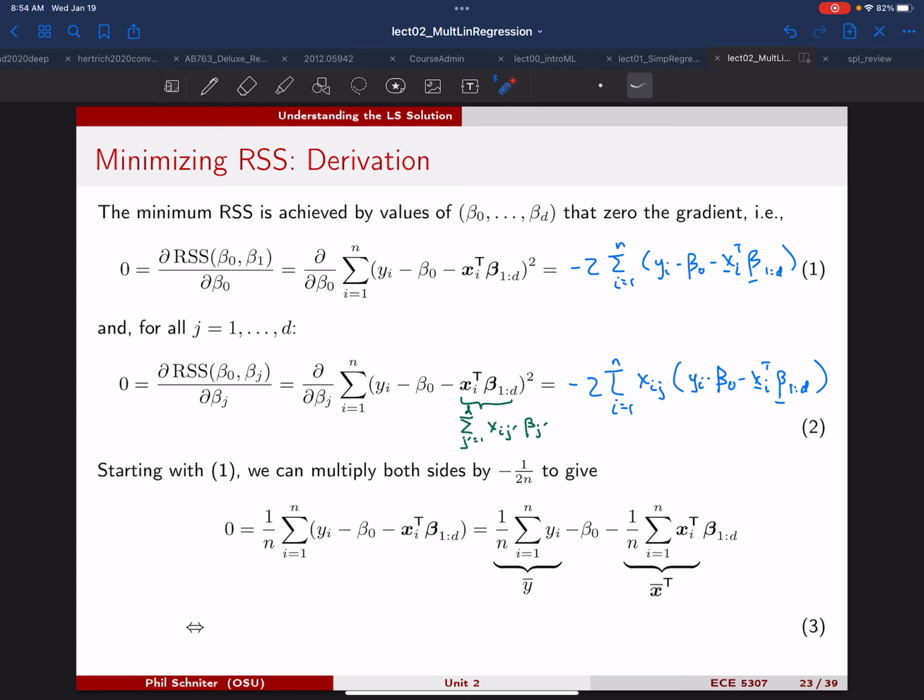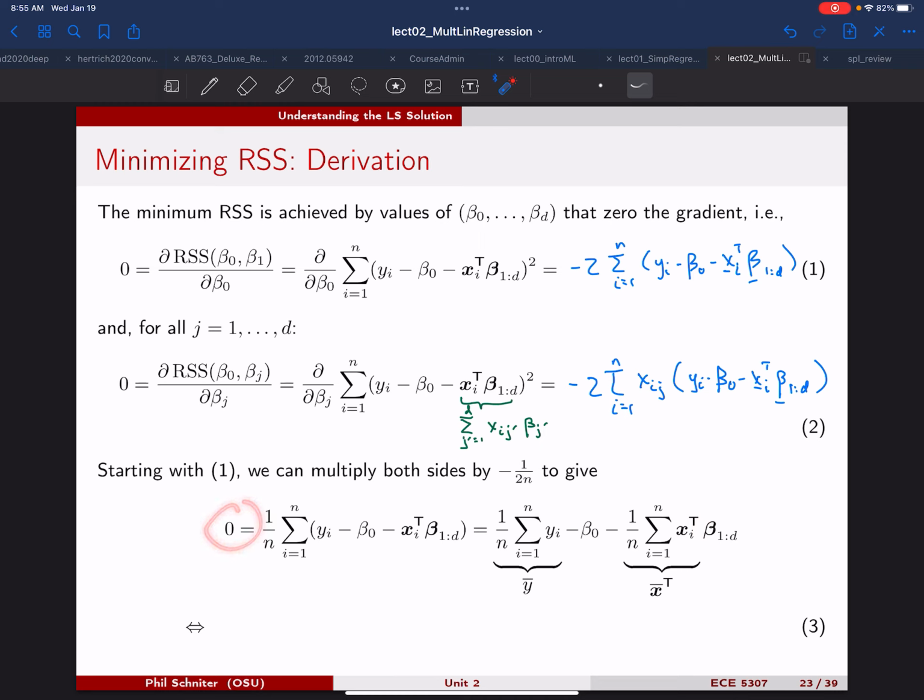And once we expand this, we can see this is the sample mean, y bar. This is the average of the beta naughts. That's just beta naught. And then we have this average of these terms. So we have the average of the xi transpose. That's just x bar transpose times beta 1 to d.